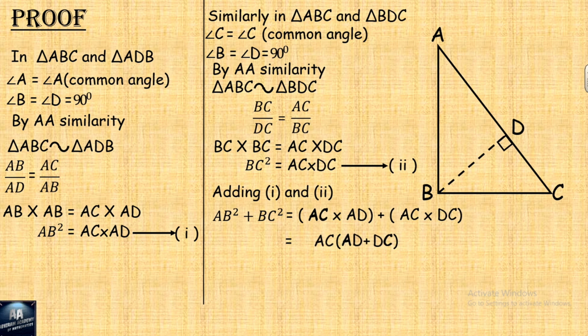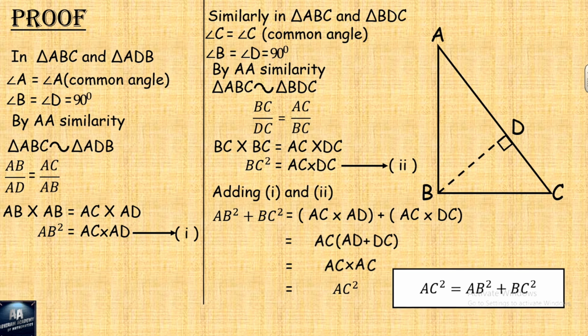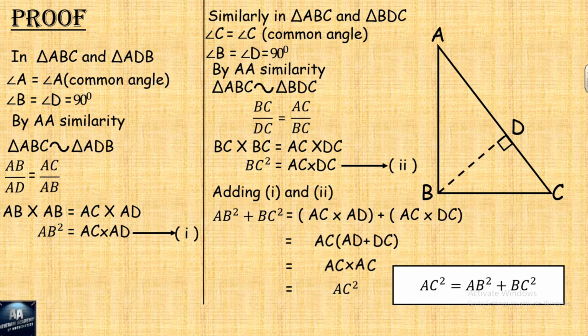But from the diagram, we can understand that AD plus DC is equal to AC. Therefore, it becomes AC multiplied by AC, which is AC square. Therefore, we come to the conclusion that AC square is equal to AB square plus BC square.